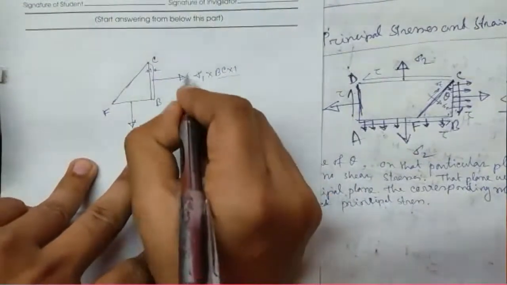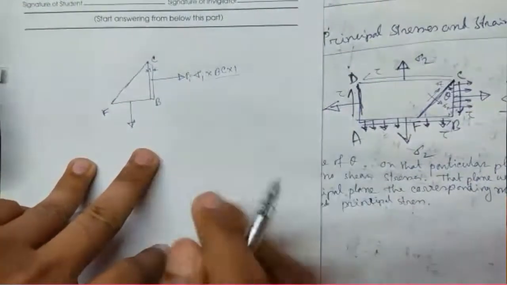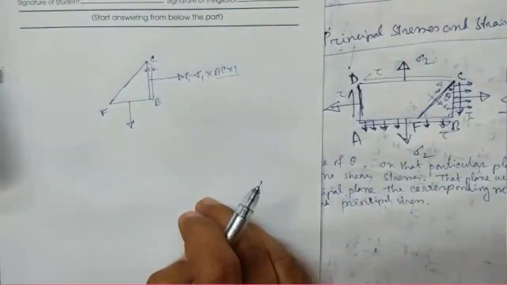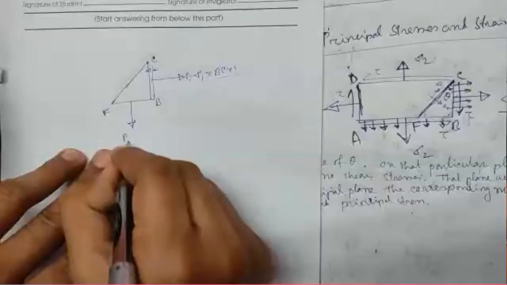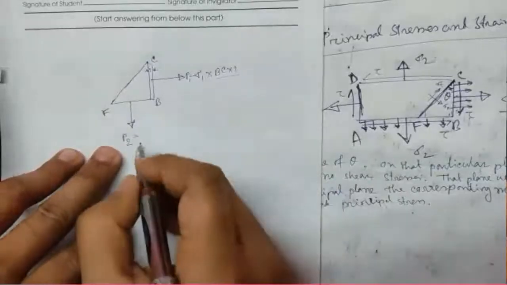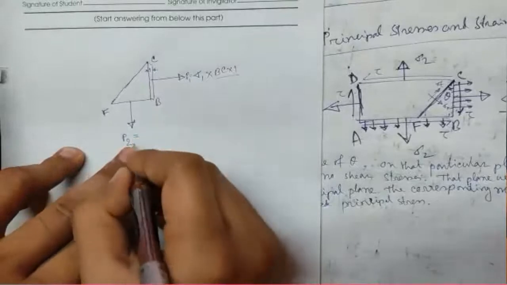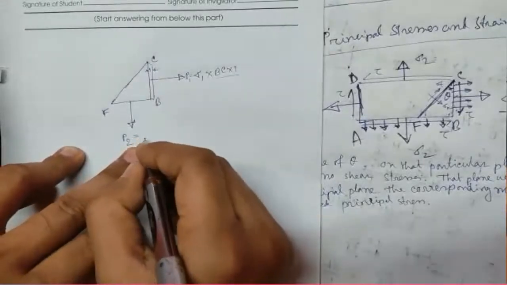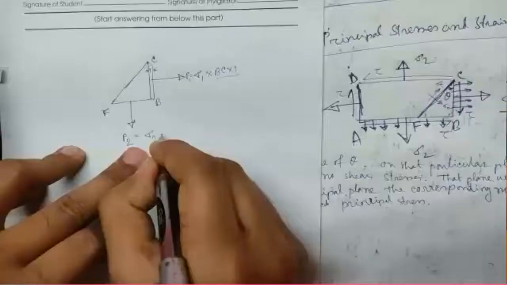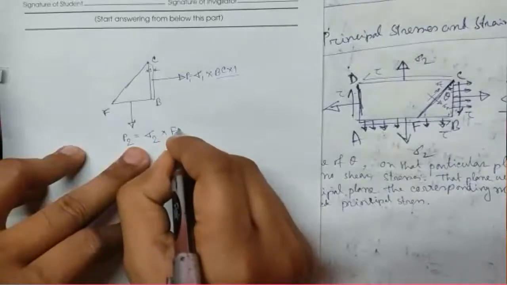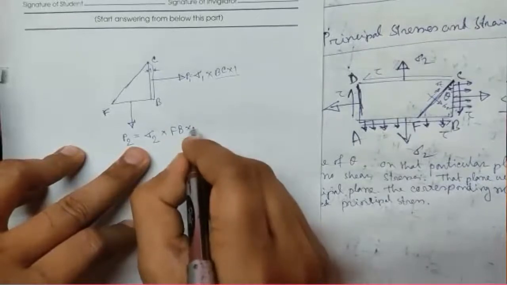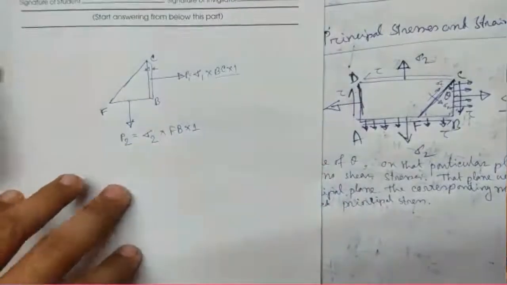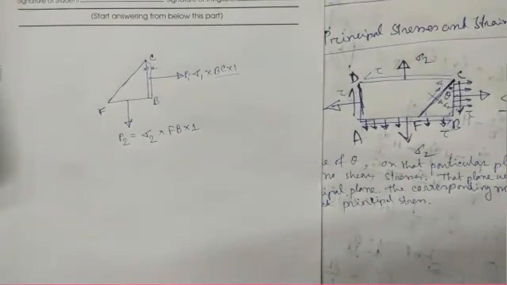This will be the force working along the horizontal direction, in the direction of sigma 1. Similarly, the force working here is P2, and P2 is equal to sigma 2 into FB into thickness 1. So this is the force working on this section FB.